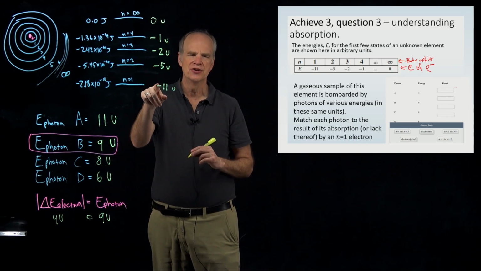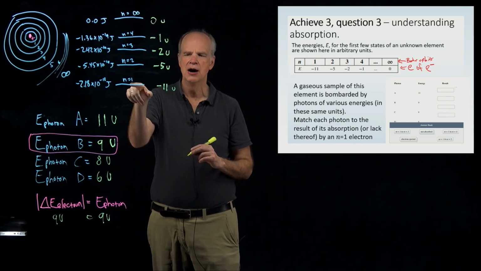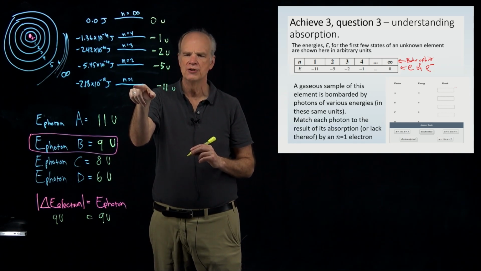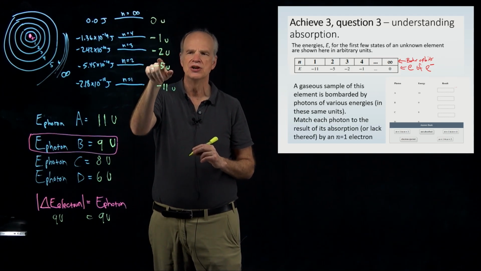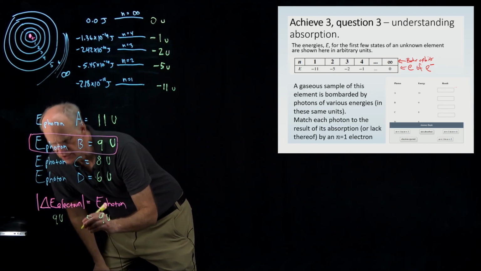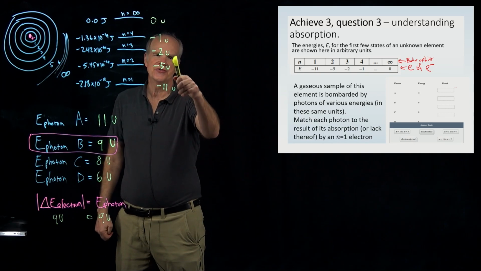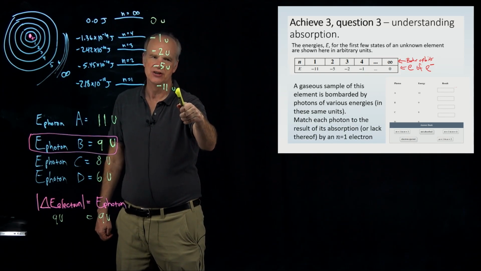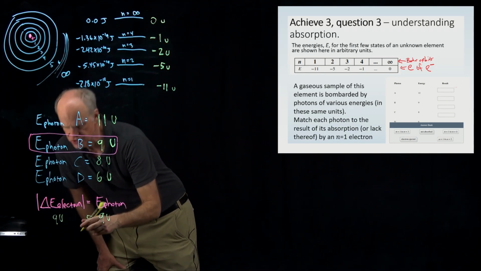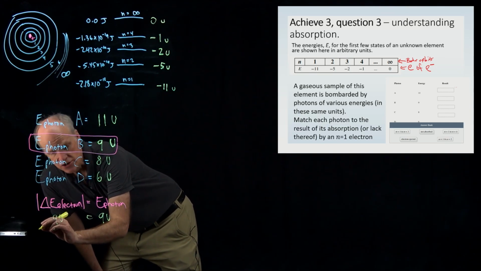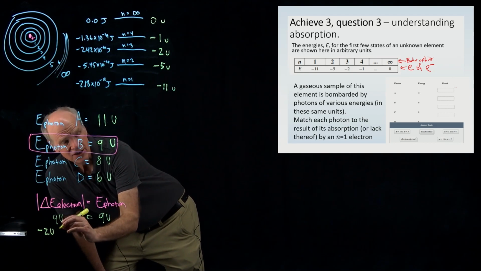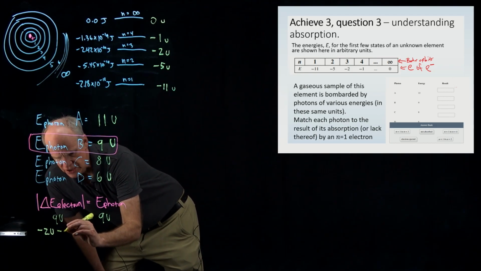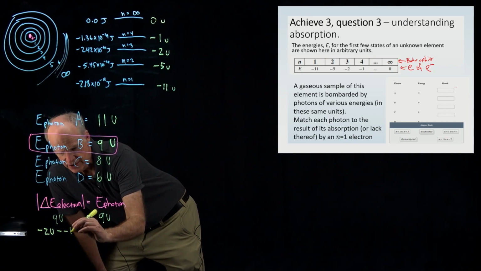I think you can see here, if you have your electron jumping from the first Bohr orbit, which is negative 11 units, to the third Bohr orbit, which is negative 2 units, that energy change is going to be 9 units. You might remember it's final energy minus initial energy for the change of energy of the electron. So its final energy is negative 2 units minus the initial energy, which is negative 11 units.